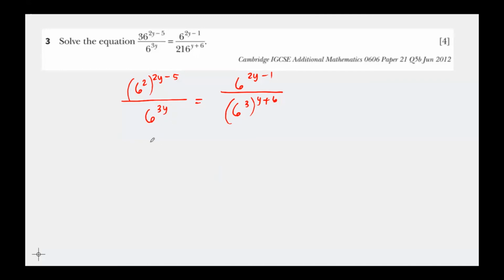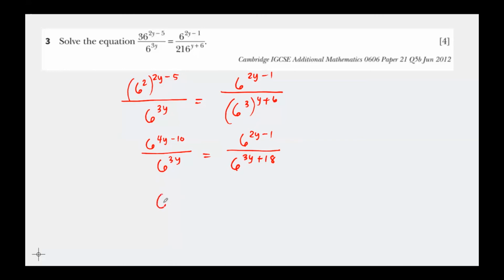So that will give us 6 to the power of 4y minus 10, divided by 6 to the power of 3y, is equal to 6 to the power of 2y minus 1 divided by, so distribute 3. So that gives us 3y plus 18. Okay, and then we can simplify this further.